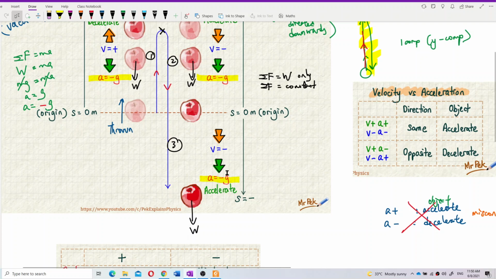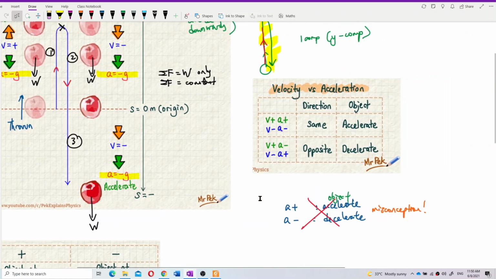So the acceleration is in the same direction as the velocity. Since they have the same direction, this object accelerates downward. So when both are going downward, both same direction, v negative, a negative, same direction, accelerate.